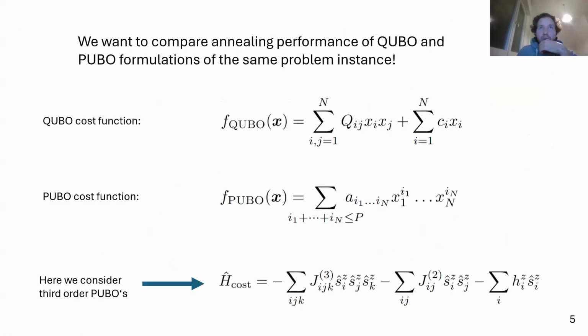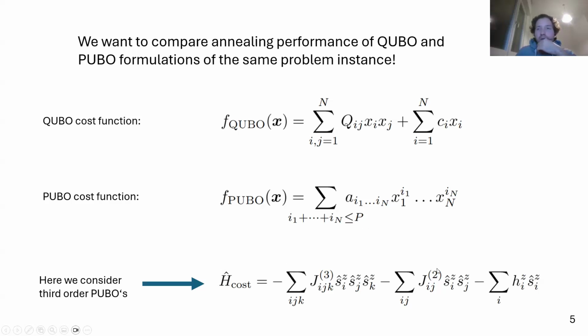So what we wanted to do in this work is compare not just quadratic cost functions, QUBO, but also higher order cost functions, PUBO, which stands for polynomial unconstrained binary optimization. Specifically, what I will talk about now is only third order PUBOs. So at most, we have 3-body interactions of the classical variables next to 2-body interactions and local fields.